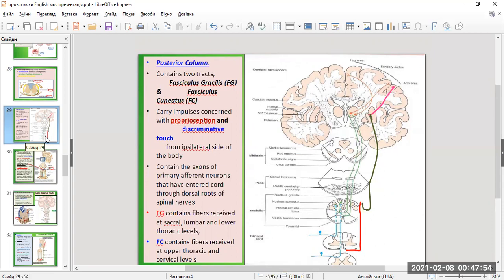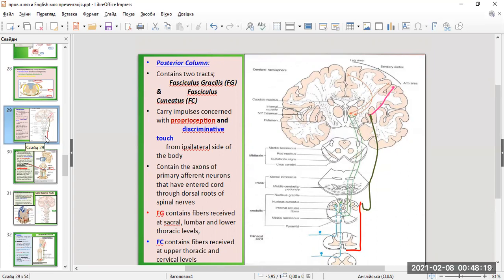From the ipsilateral side of the body, it contains the axons of primary afferent neurons that have entered the cord through the dorsal roots of the spinal nerves. Fasciculus gracilis contains fibers received at sacral, lumbar, and lower thoracic levels.